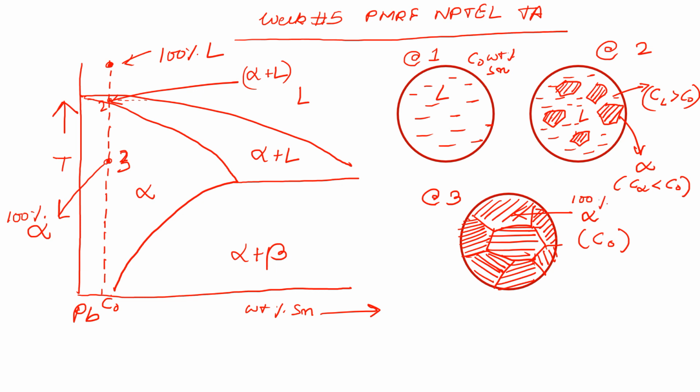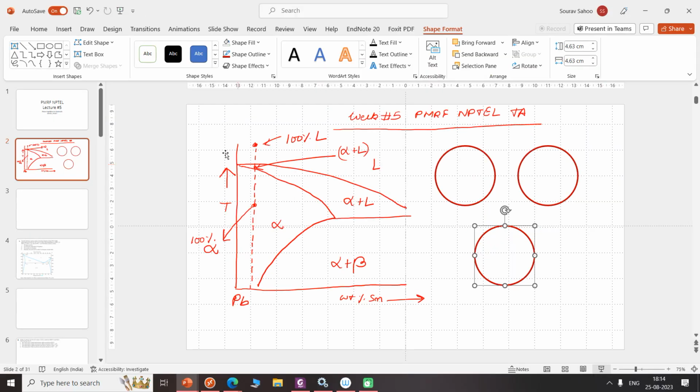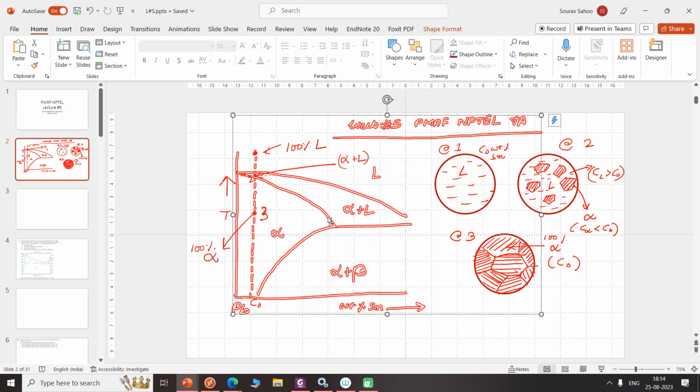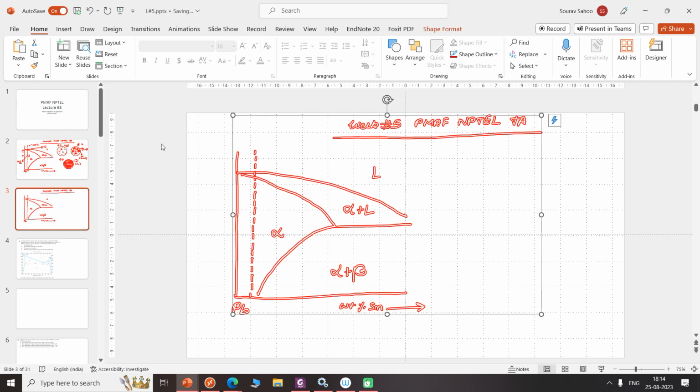Now what happens if we go somewhere inside this boundary, and then we cross the alpha plus liquid phase, and then we cross alpha, and then we go on crossing this alpha plus beta phase? We'll quickly revise that part. To save time, I'll just copy paste it here.